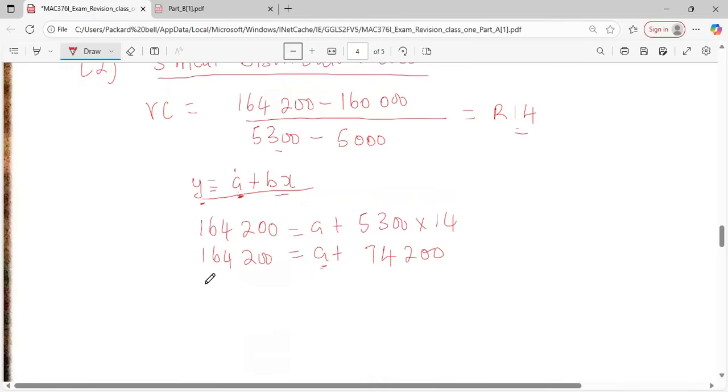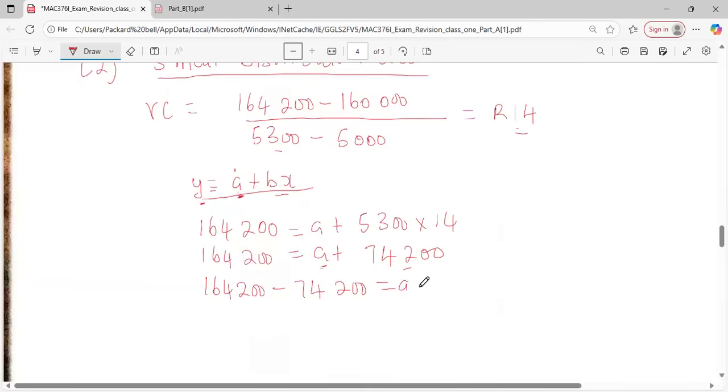So which means we are going to say 164,200. If it has a positive and it jumps the equal sign, it's going to minus. So it's going to be 74,200 is equal to A. So our fixed cost is going to be how much there? 90,000.